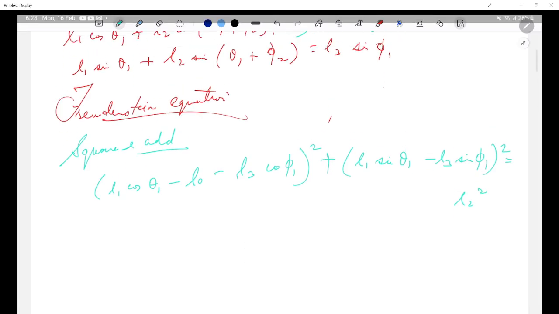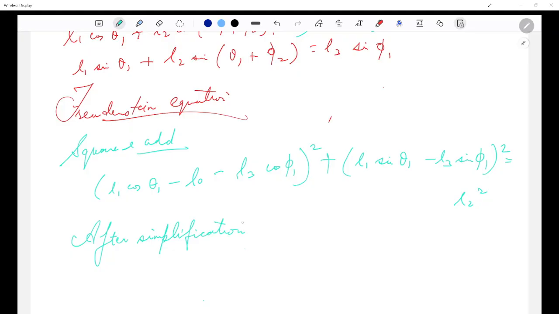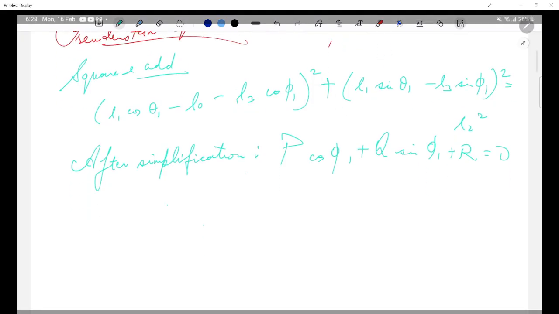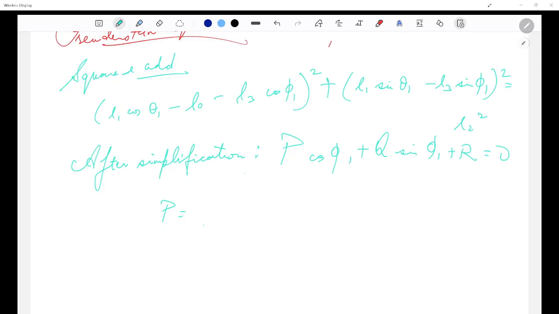Okay. After simplifying this, you will find it would be in terms of some p cos phi 1 plus q sine phi 1 plus r is equal to 0, where your p would be 2 L0 L3. It is just simplification.